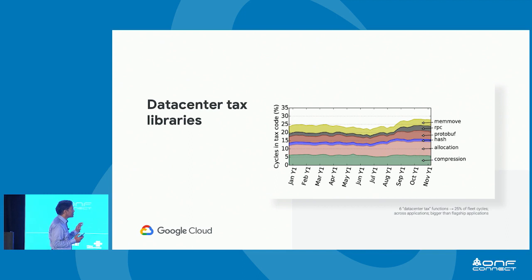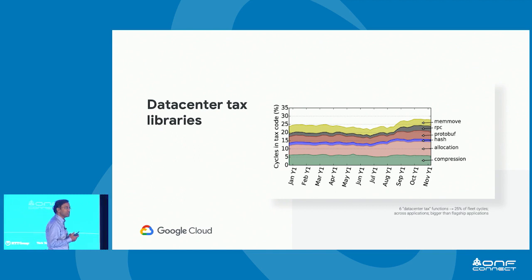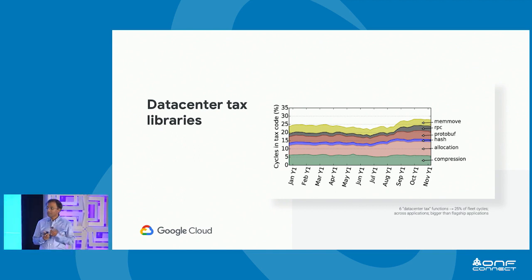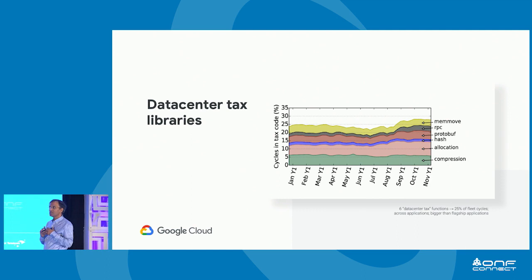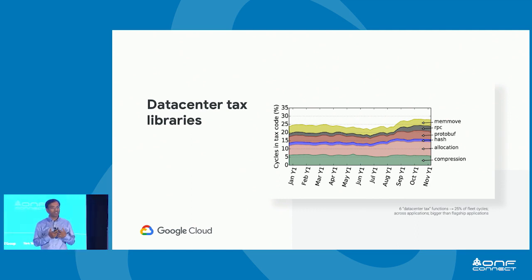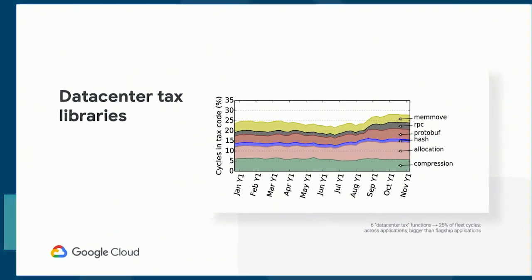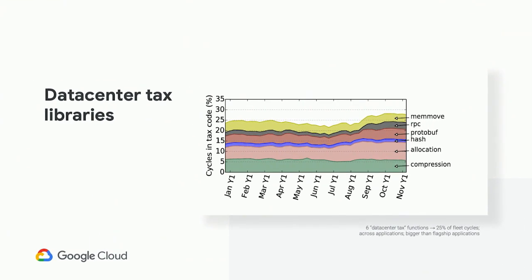And to make that point further, the picture on the right again shows a longitudinal study from Google where we looked at where do the cycles go over a period of a year, right? And this was actually very non-intuitive to us when we first saw this. If you think of Google as one big computer running Google class workloads, what the picture shows is 1 out of every 3 cycles or 1 out of every 4 cycles is spent in 6 functions.